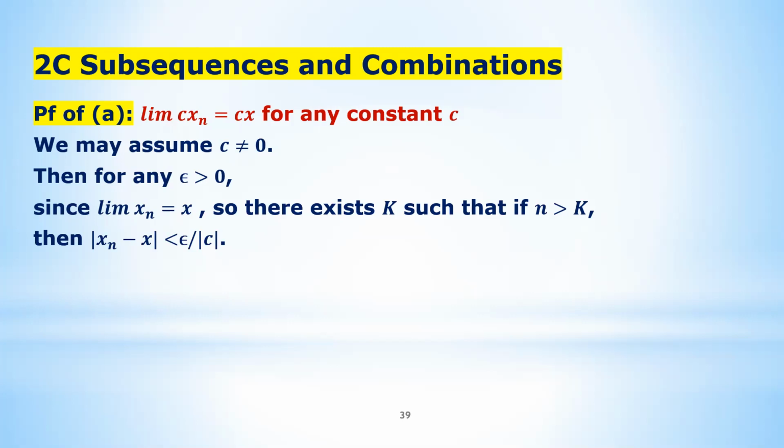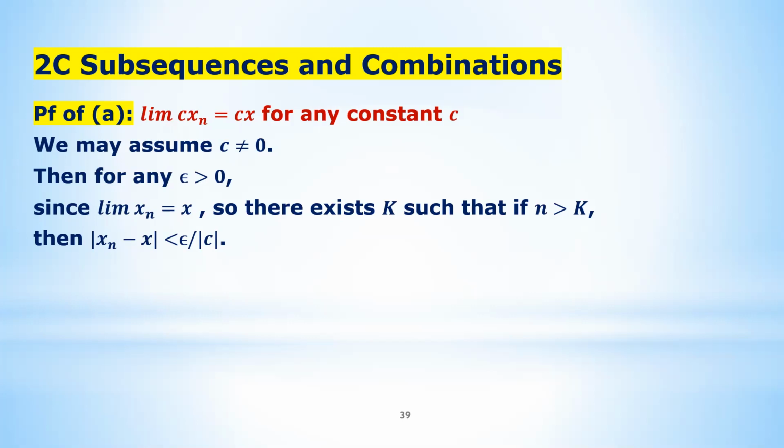The reason is that epsilon can be chosen arbitrarily. So when I choose epsilon, before I use this definition to create this final inequality, I'm not thinking about epsilon itself. I'm thinking epsilon divided by the absolute value of c. So you use epsilon divided by the absolute value of c in place of epsilon in this definition. That's why you can get this.